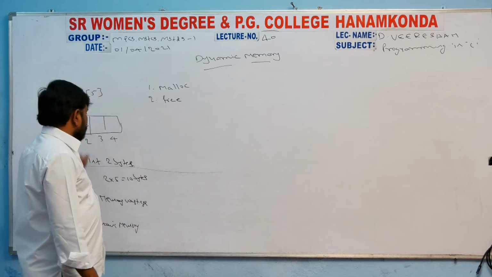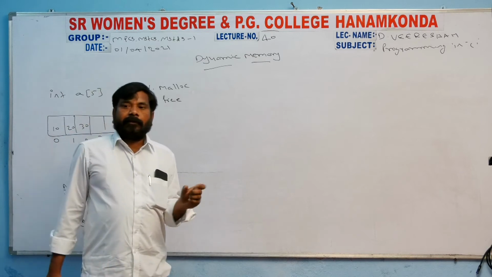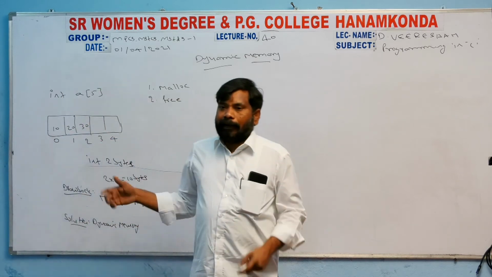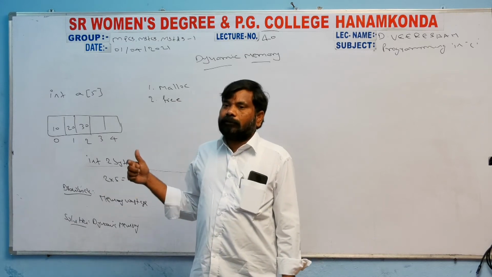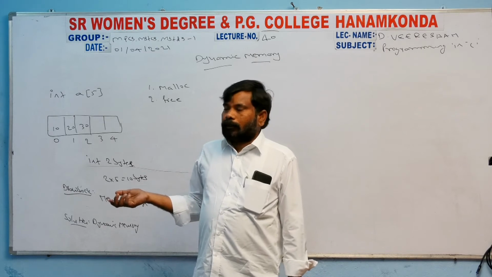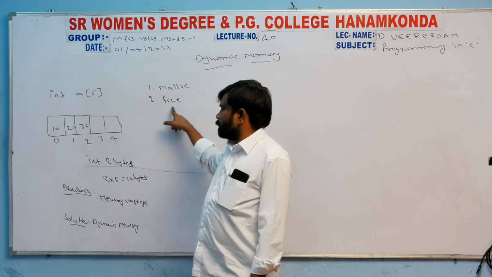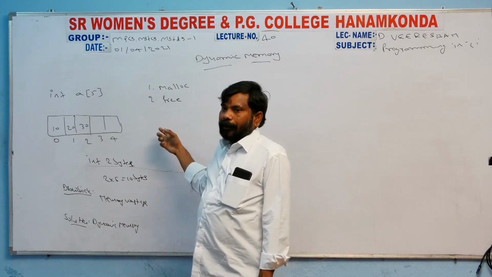Suppose you declare the array with 1000 values. After some time the values become useless to you. What will you do? You have to delete that array. In the normal method it is not possible, but by using the function free, you can delete the memory.